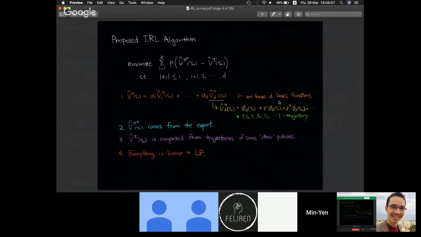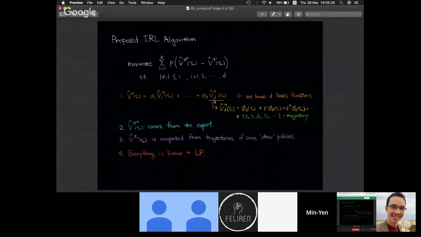All of them are the same pi. Right, so they're specific to this particular policy, but they're functions of the value function, V1 through VD. So they're basis functions for calculating a value function, right?